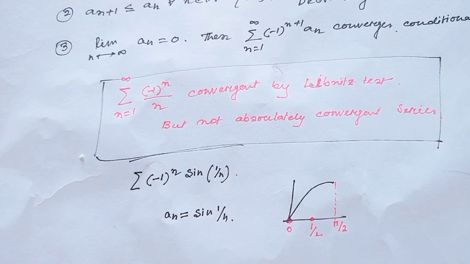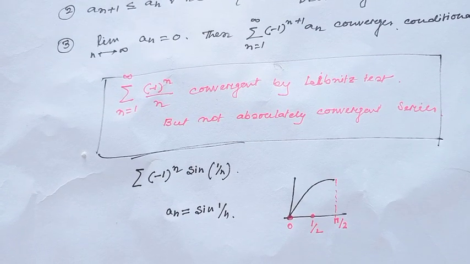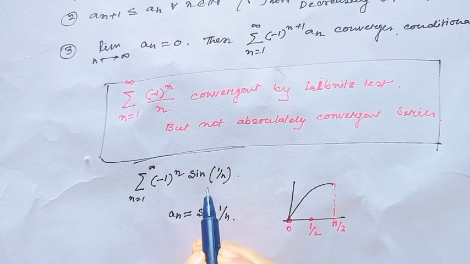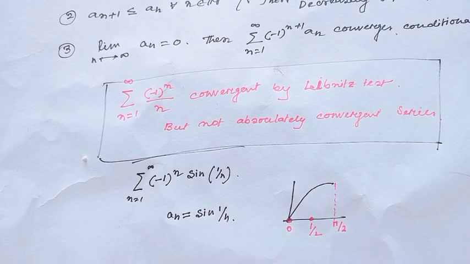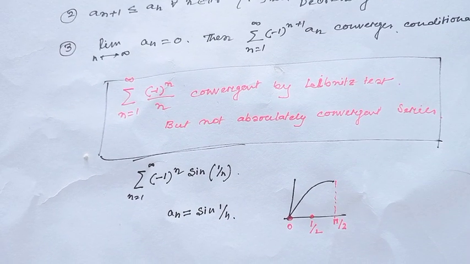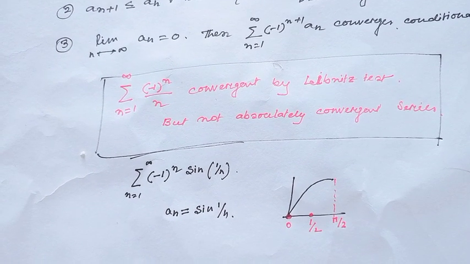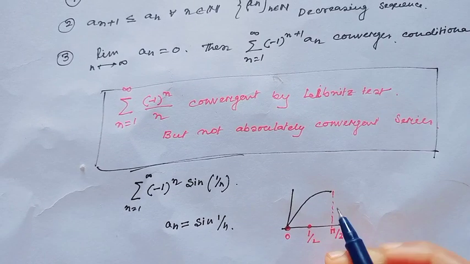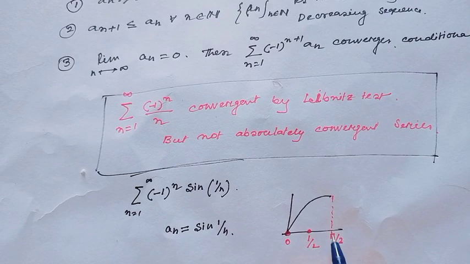First example: the series sum from n equal to 1 to infinity of minus 1 to the power n sine 1 over n. Here an equals sine 1 over n, and we all know the graph of sine x in the interval 0 to pi over 2.